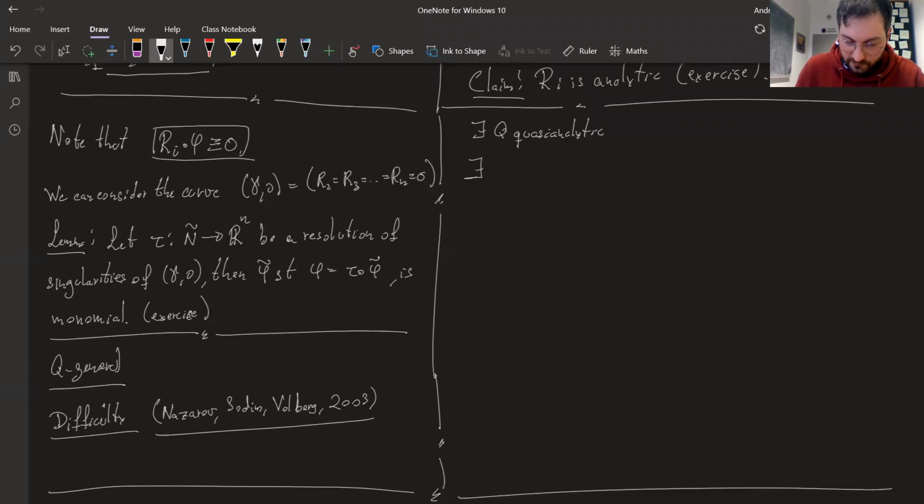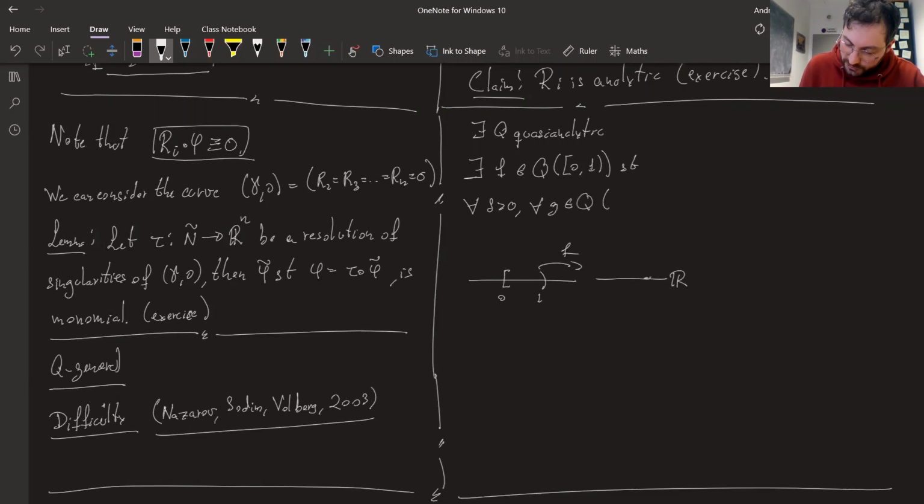There exists a function f in Q of [0,1], so a function defined on [0,1], f into R, such that for every delta bigger than 0, and for every function g which is quasi-analytic between minus delta and 1, the restriction of g to [0,1] is different from f.